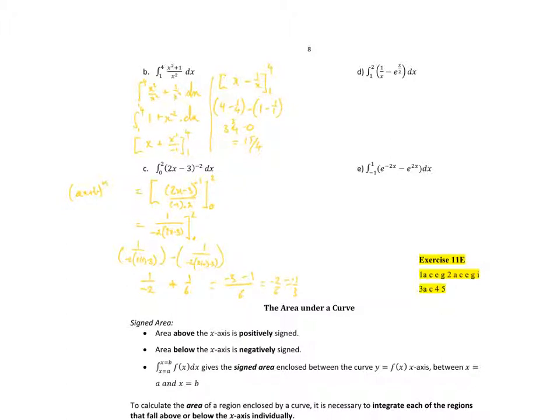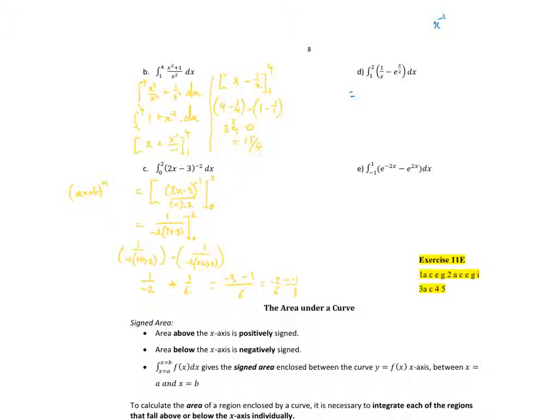Okay, now let's give ourselves a little bit more room in here. What we should notice straight away is the antiderivative of x to the minus 1, have we covered that? Yes, we have. It's the natural log of x.